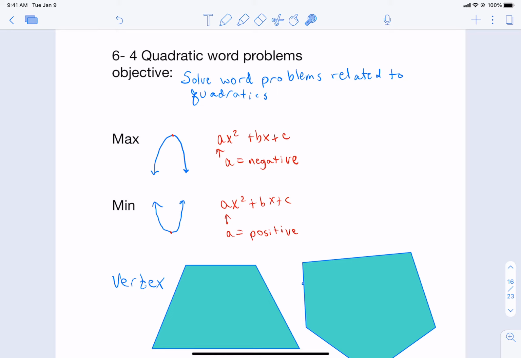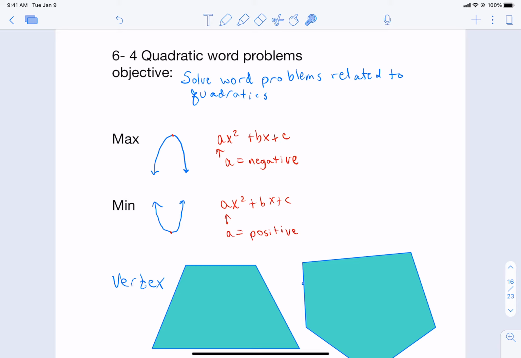So you have to remember, if your x squared term is negative, the parabola is upside down and the vertex is a maximum. If the x squared term is positive, your parabola will be right side up like we see here, and our vertex will be a minimum.